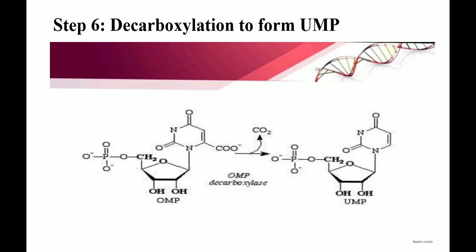The enzyme used for that is OMP decarboxylase, and then it forms UMP. So this is the de novo biosynthesis of pyrimidine nucleotide, which ends with the synthesis of uridine monophosphate, that is UMP.